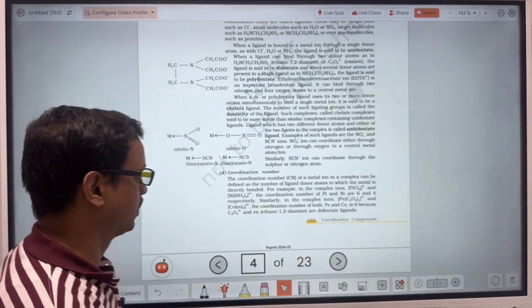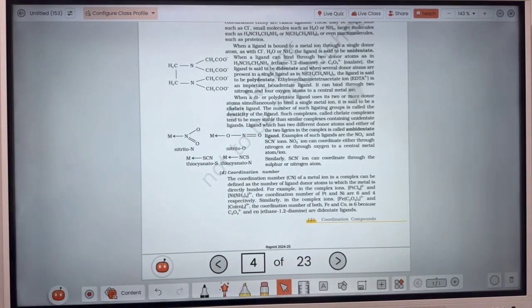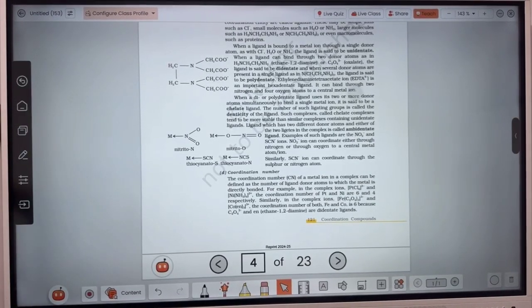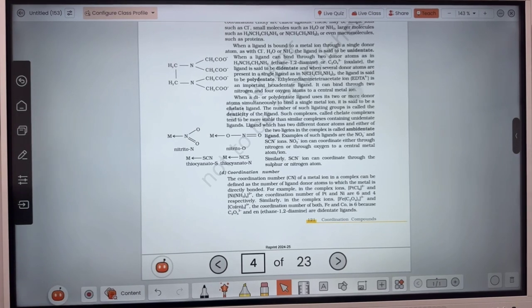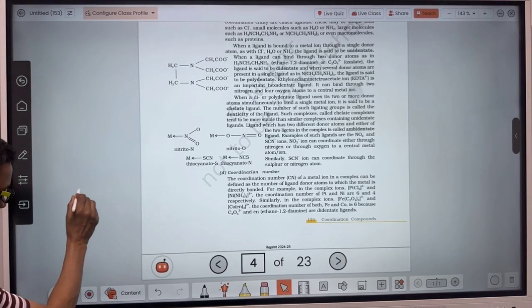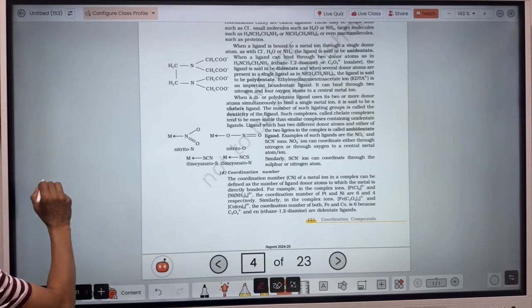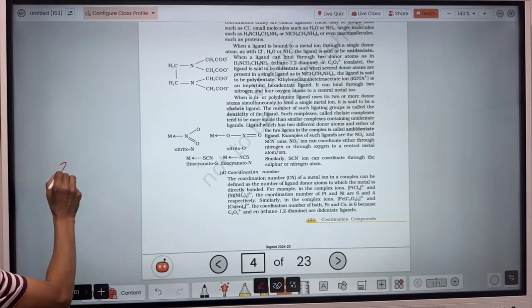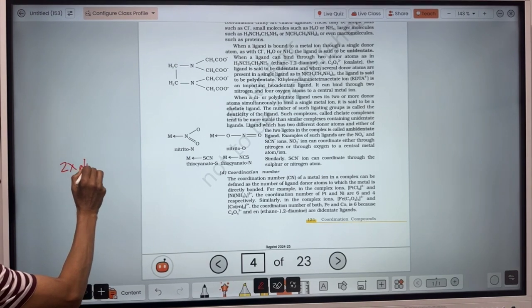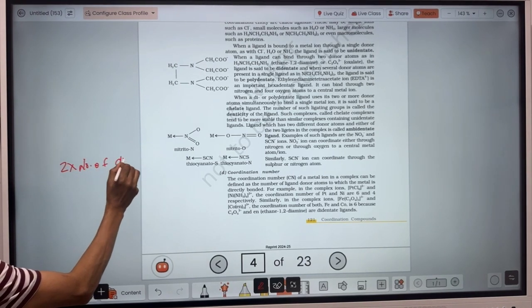So in case of unidentate ligand, the coordination number will be the number of unidentate ligands. If there is didentate ligand, the coordination number will be equal to 2 into the number of didentate ligands.